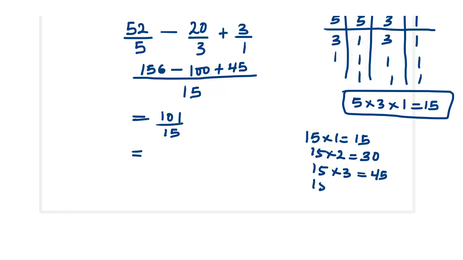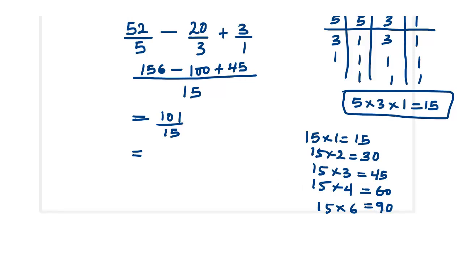Then 15 times 4, that will give us 60. So obviously, if 15 times 2 gives us 30, 15 times 4 gives us 60, then 15 times 6 would give us 90, right? So 90.